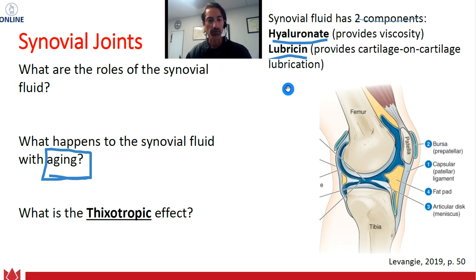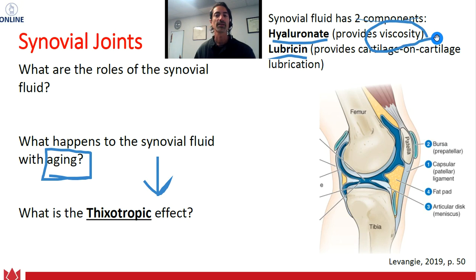So as we get older, the synovial fluid does two things. It starts to decrease in volume, so we lose synovial fluid. We know a component of synovial fluid is water, so as we get older, we lose water. And it also becomes thicker, or it has too much viscosity.